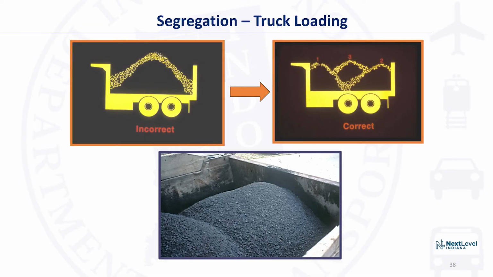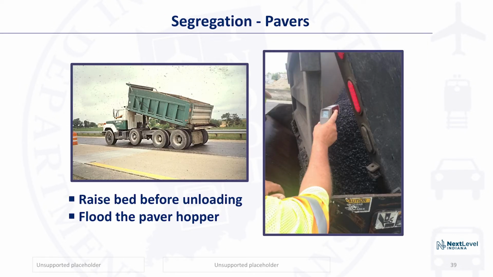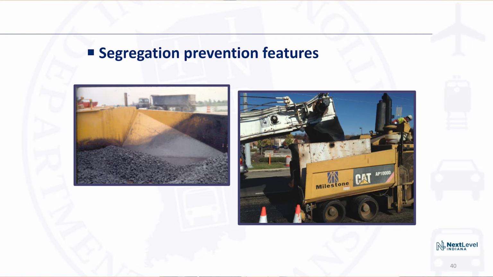So we try to avoid segregation at the plant. We get it in the truck. Try not to segregate it in the truck. You can help also avoid segregation by flooding that paver hopper. I've seen some different things in the field, trying to avoid segregation, not letting it build up in the corners of that paver hopper. Again, on the right there, using a material transfer vehicle with a kind of a box over that conveyor belt in there.